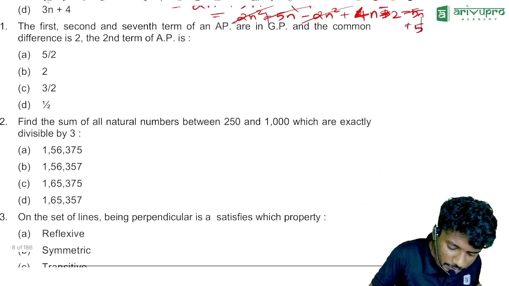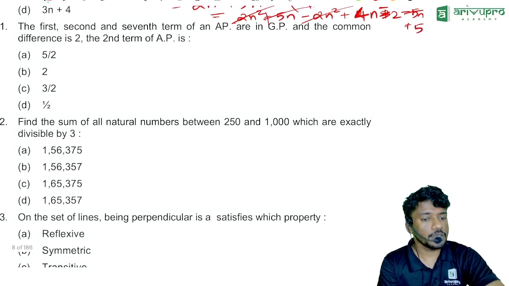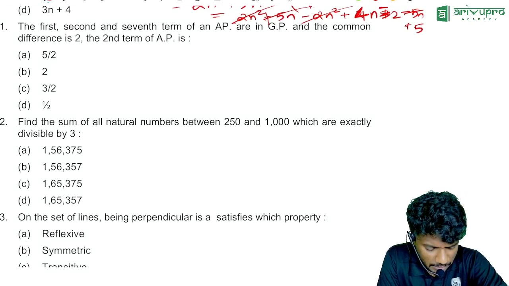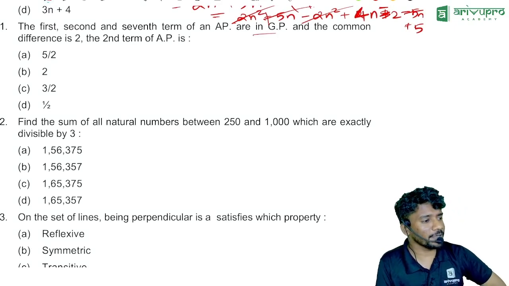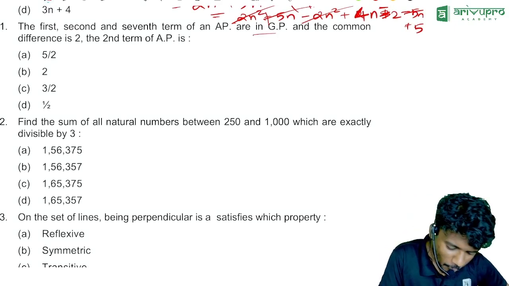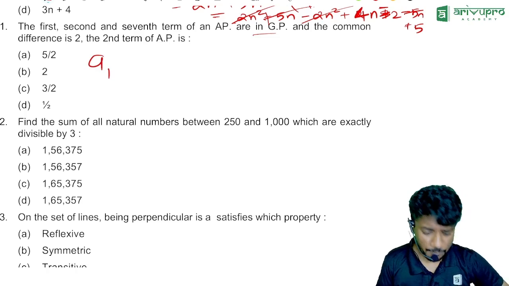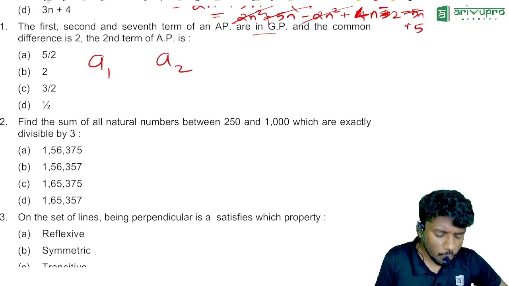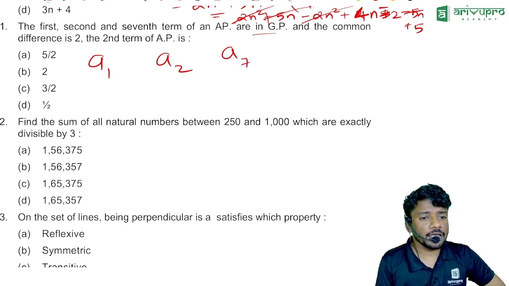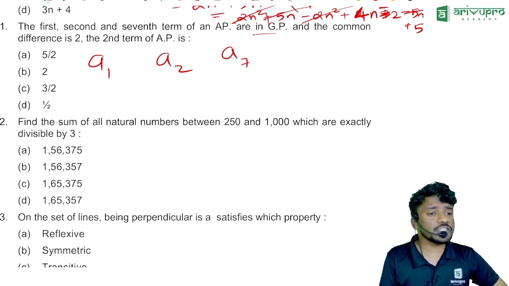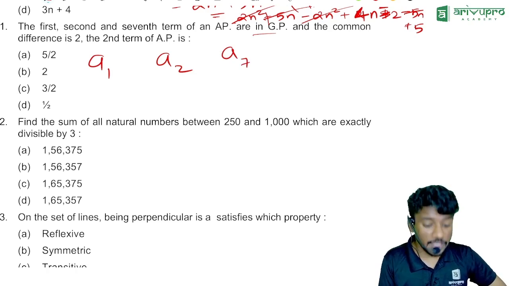Next one, look at this. The first, second, and seventh term of an AP are in GP. That means A1, then A2, then A7 are in GP. What is the speciality of a GP? Their common ratio is the same, correct?